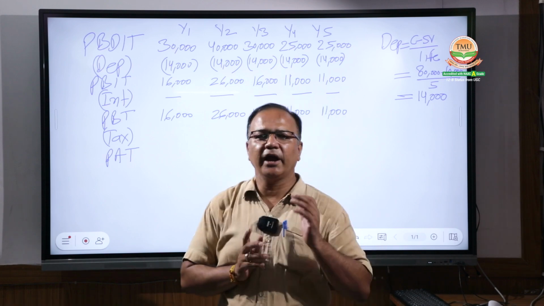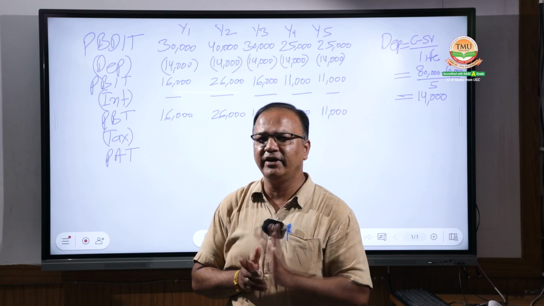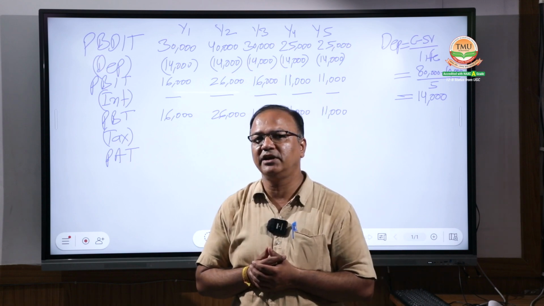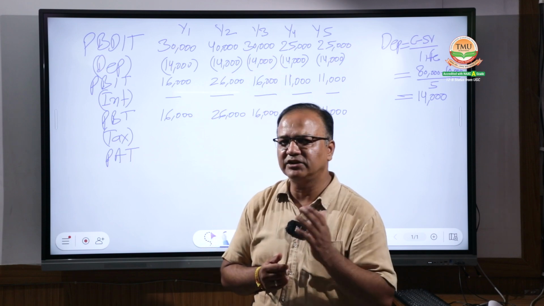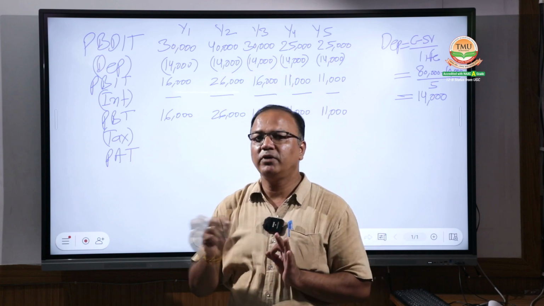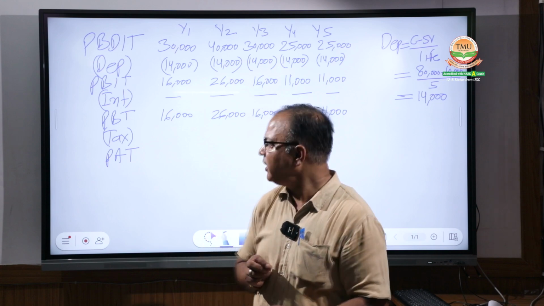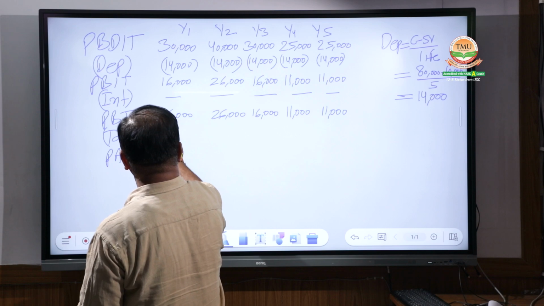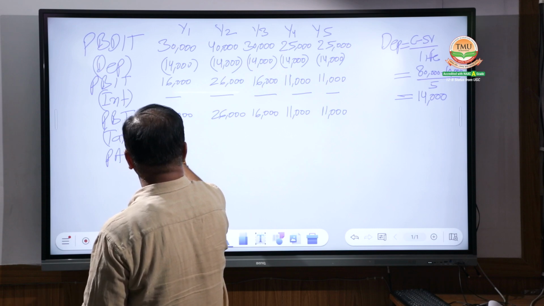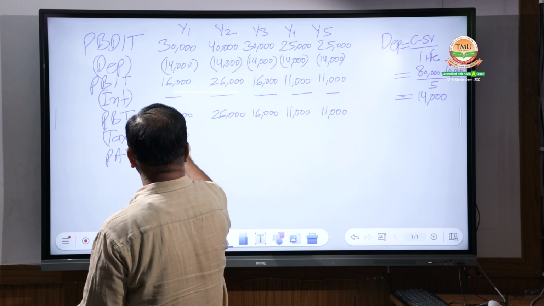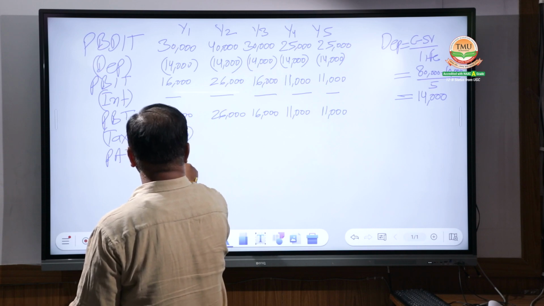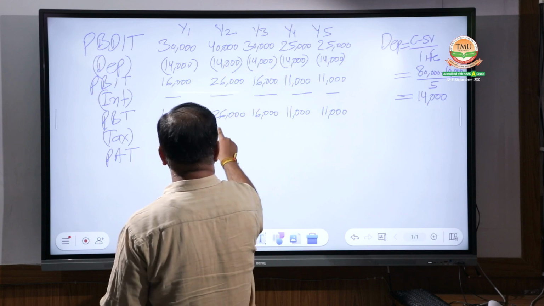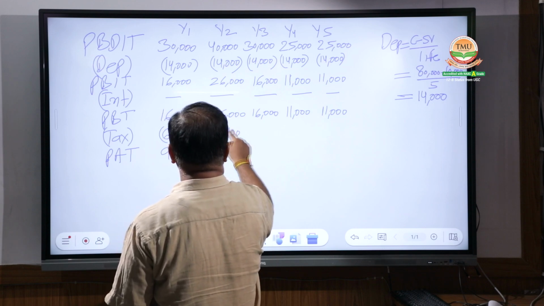Now, in this question, again, the tax rate was not given. If the tax rate is not given in the question, we have to assume that the tax rate will be 40%. If it is given, it's okay. Now, charge tax at the rate of 40%. It will be 6,400, 9,600, 10,400.